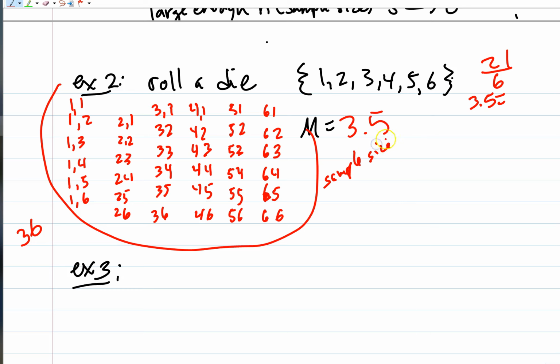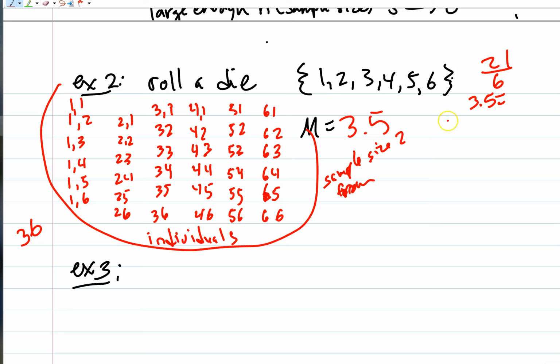size 2 from these 6 numbers, right? Now, keep in mind, I'm talking about rolling a die. I could roll a 1 and a 1, a 1 and a 2, a 1 and a 3. So there is some duplication allowed here, okay? But this is not a sampling distribution. These are still individuals.